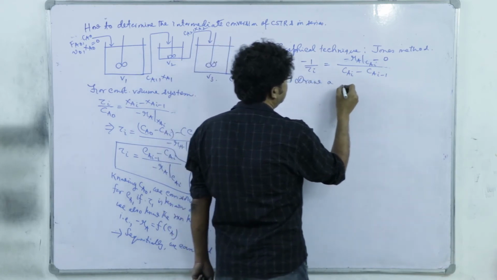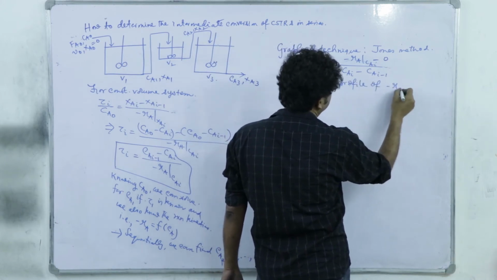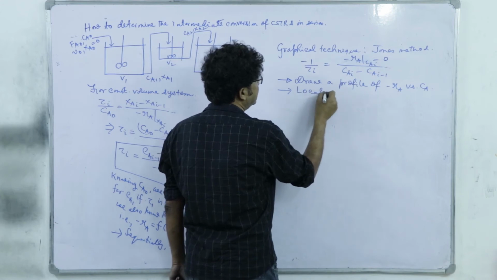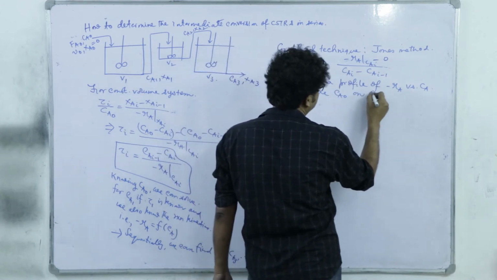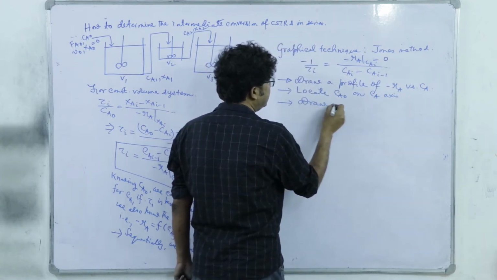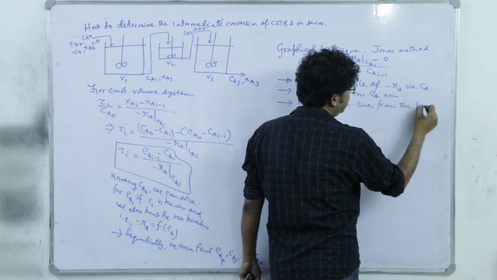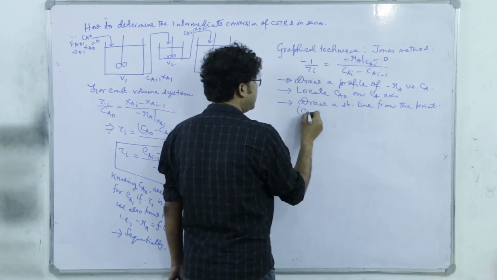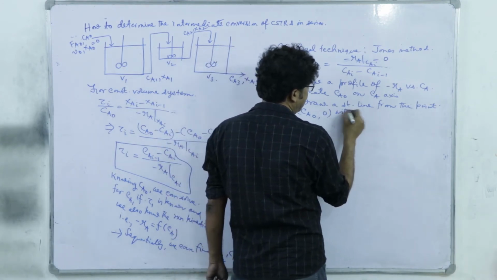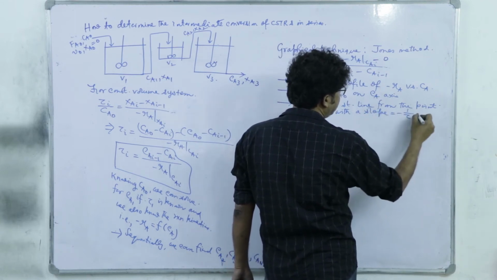Draw a profile of minus Ra versus Ca. Locate Ca naught on Ca axis. Draw a straight line from the point Ca naught, 0 with a slope equal to minus of 1 by tau 1.